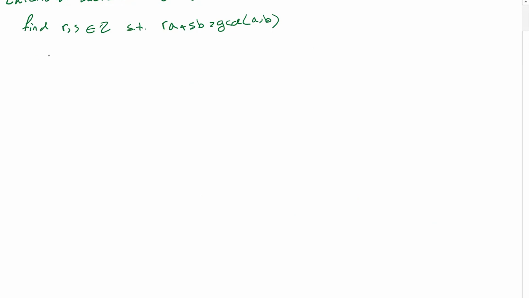The latest one, I have Rn equals Rn minus 2 minus Qn minus 1 times Rn minus 1.